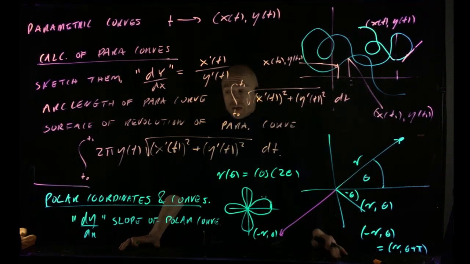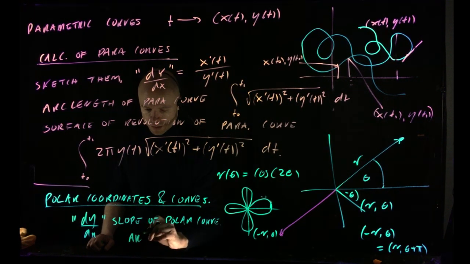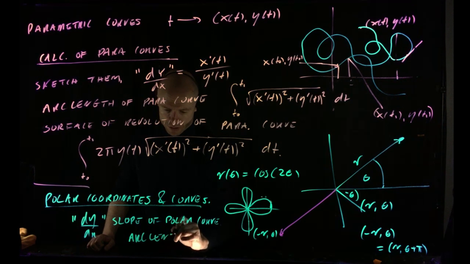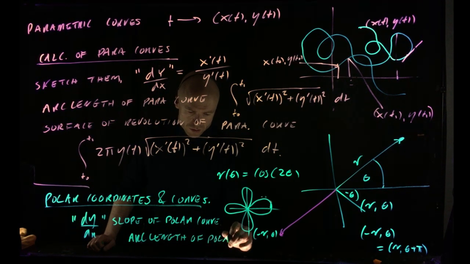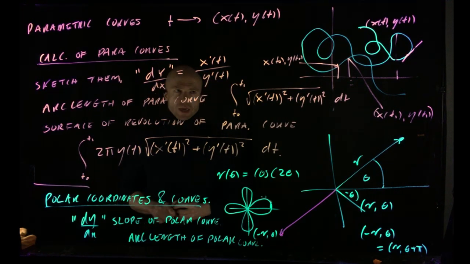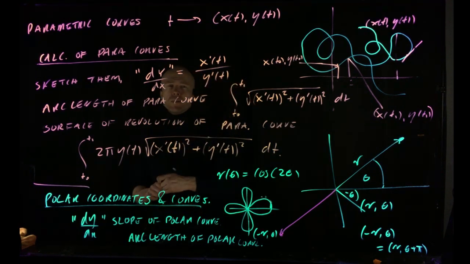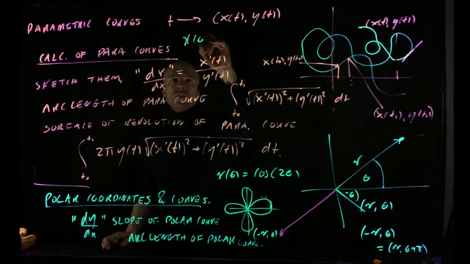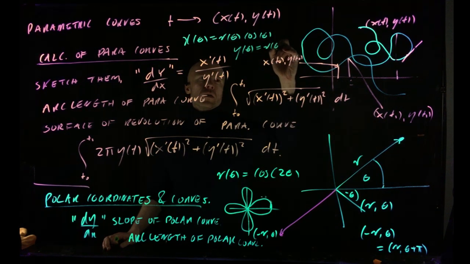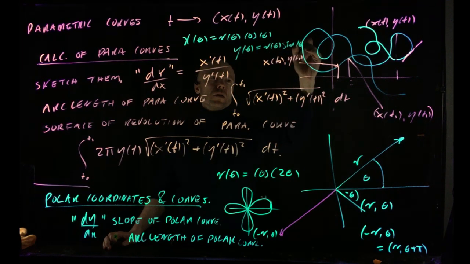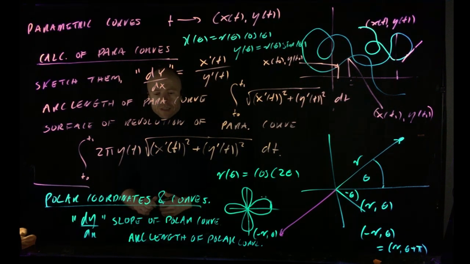We learned to find the arc length of the polar curve, and that just came from the arc length formula for parametric curves, because we can define this thing from a polar curve, and that gives us a parametric curve and gives us this stuff.